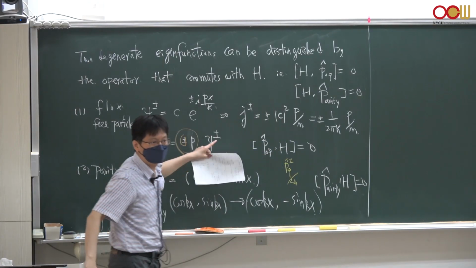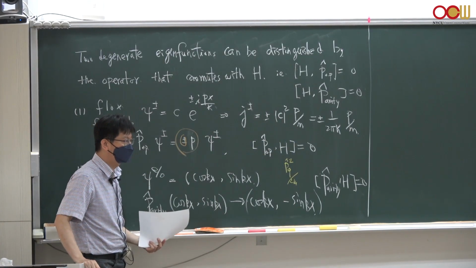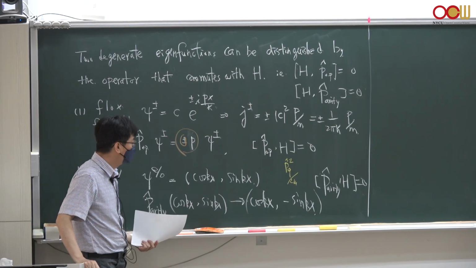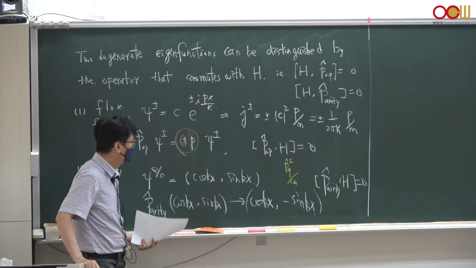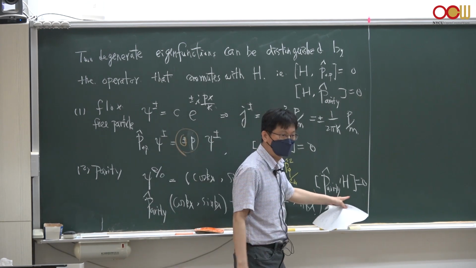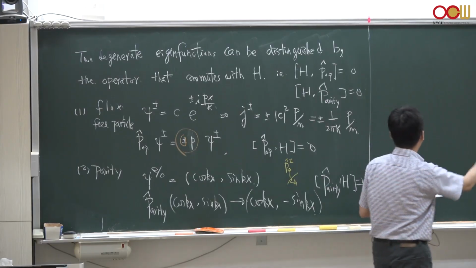And that is precisely because of the reason that I just mentioned, that the potential energy does show the mirror symmetry, so that this Hamiltonian is mirror symmetric, so it has the parity symmetry. As a result, the parity operator commutes with the Hamiltonian. Okay, there is a big but.